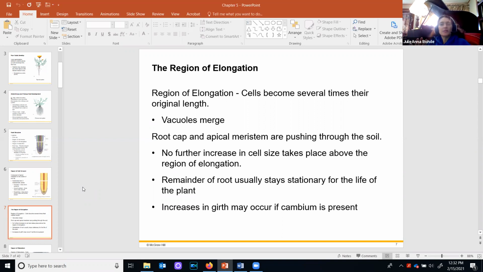Like I was saying last week, the tree grows from the top; the trunk doesn't put new cells on at the bottom and push the tree up. The trunk is there, and new cells are growing at the top and extending out. Root's kind of the same way. We don't put new cells on at the base of the root and push the rest of the root down. The growth and the pushing is occurring right at the tip end. Okay.